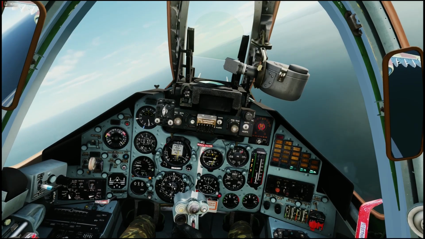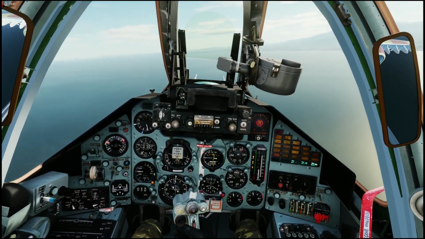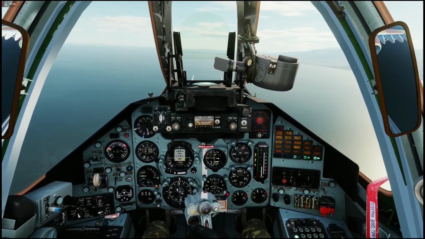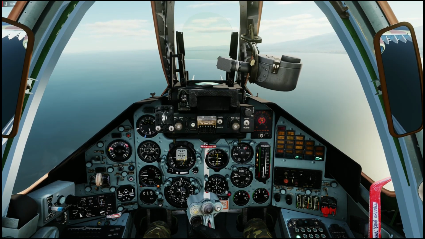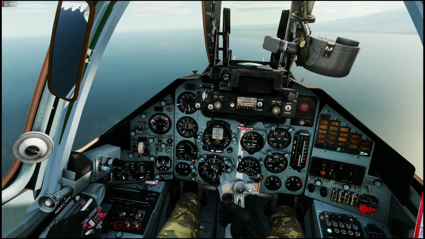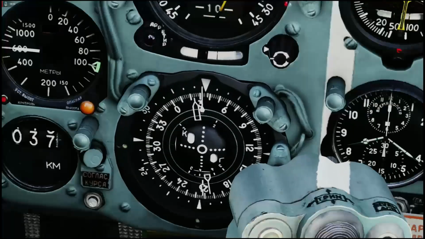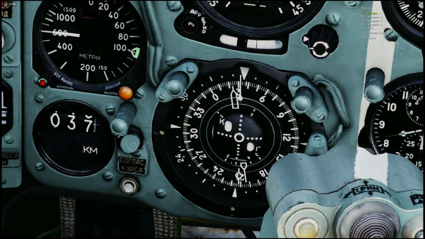And if you look at the HSI, I'm pointing directly to that steer point now. As you can see on the HSI, the bearing needle and the course deviation needle are not aligned.